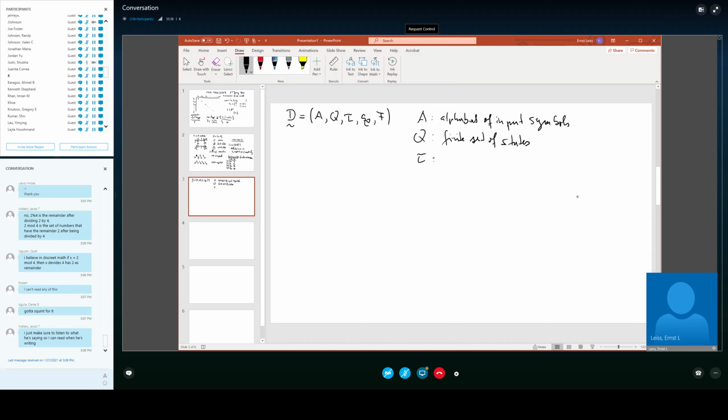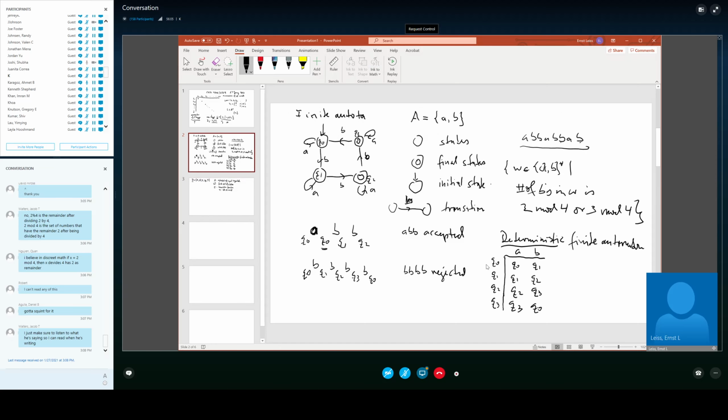Tau is the transition function. And tau is basically a function that takes a state and a letter and gives us back a state. So it maps pairs of state and letter into states, which of course is exactly what this does.